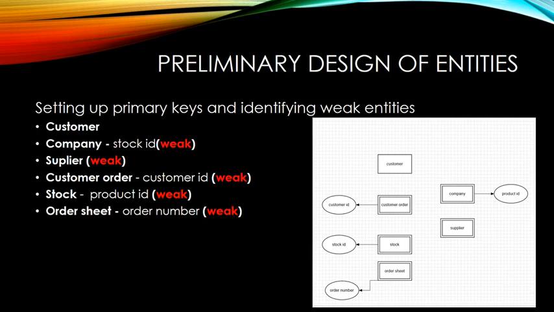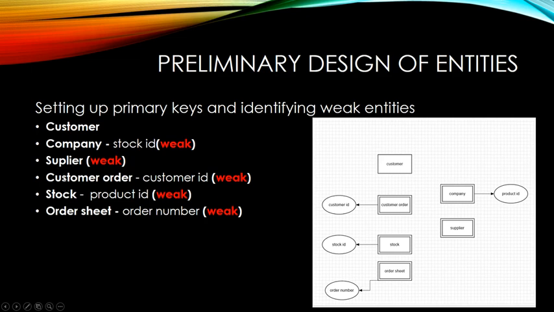Then we have company, which is a weak entity because it relies on the supplier to give it stock. The company has its own stock ID, which is product ID in the actual ER diagram, which you can see on the right-hand side of your screen.